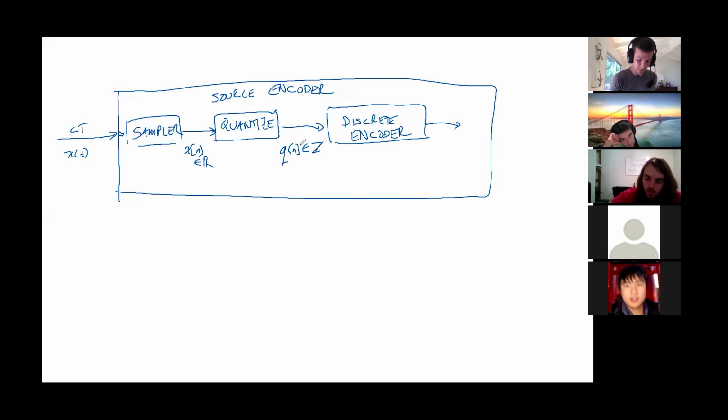So if some continuous time function at a point in time had a value of 5, then x of n would be 5. The quantizer would say, you know what, I don't have the right number of bins for that, so we're going to round that to 4.